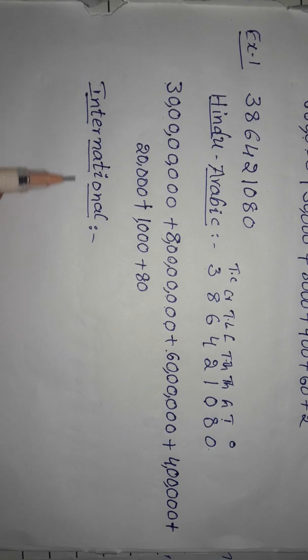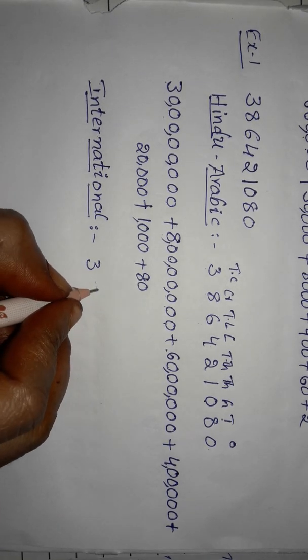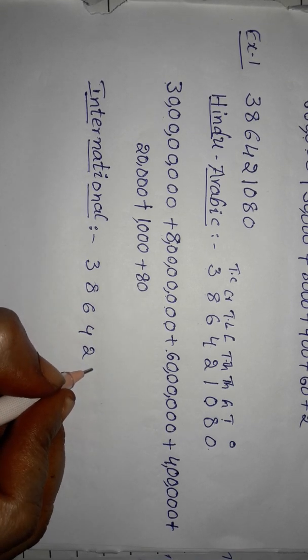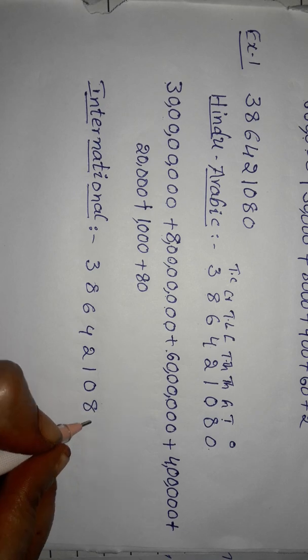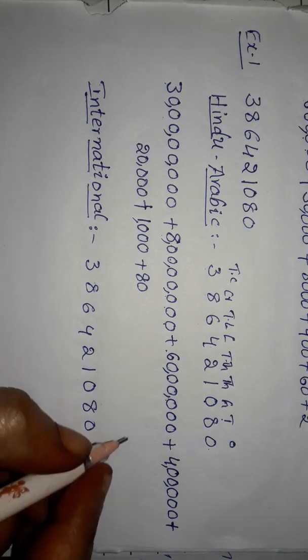Now, in international system, same digits 3, 8, 6, 4, 2, 1, 0, 8, 0. The same number I am explaining here. Now we will write the place values in international system.